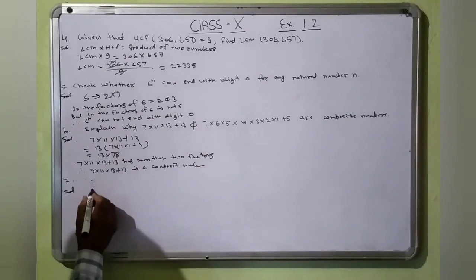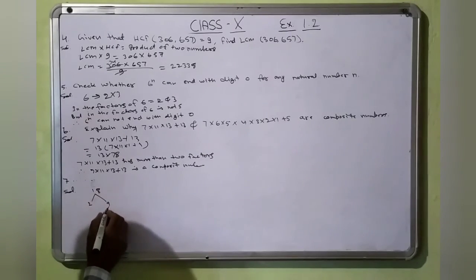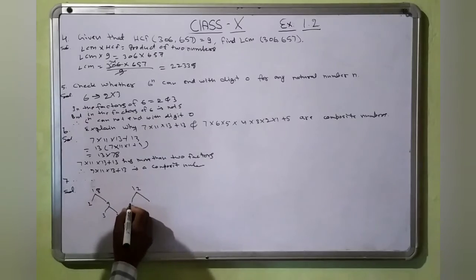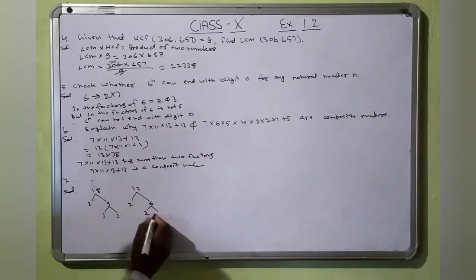So the factors of 18: 2 times 9, and 9 is 3 times 3. The factors of 12: 2 times 6, and 6 is 2 times 3.